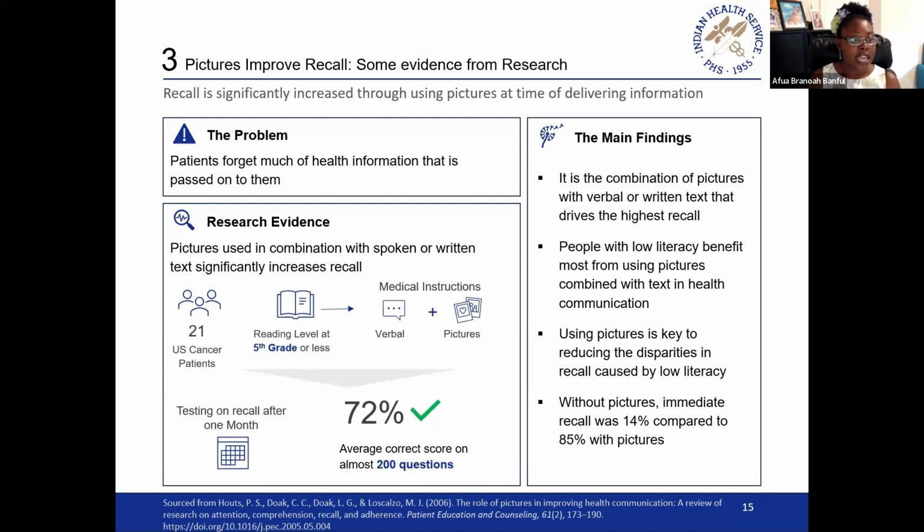It's good for everyone, but it's especially important for people with low literacy. So when we think about it, using pictures is a key tool to reduce disparities in recall, right? And this is really about getting people access to the information they need in the moments that they need it.